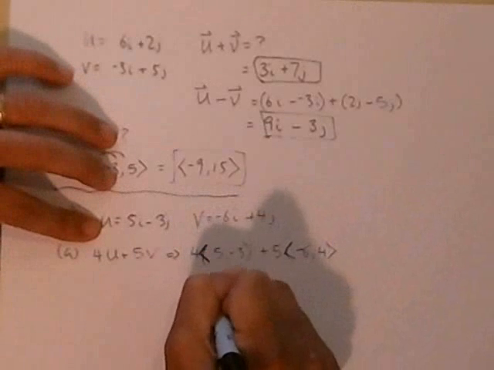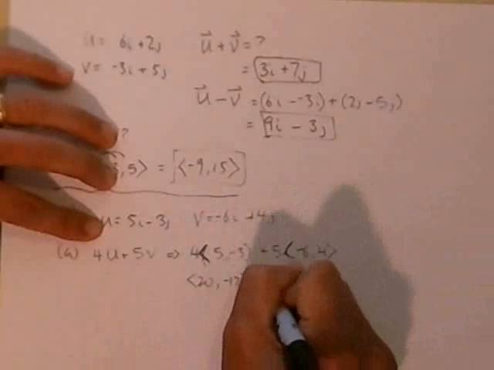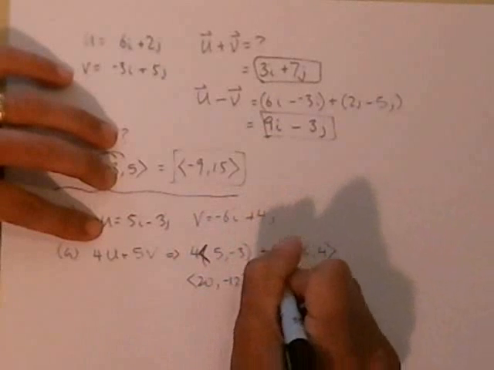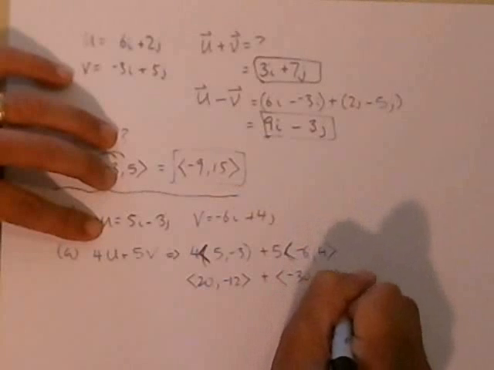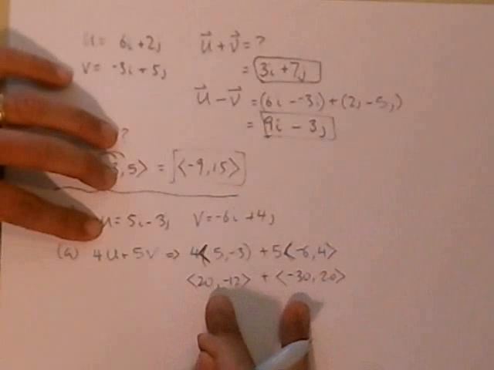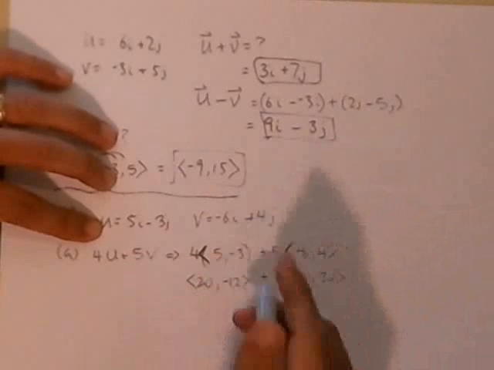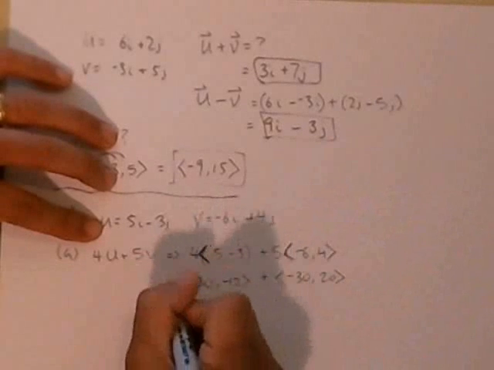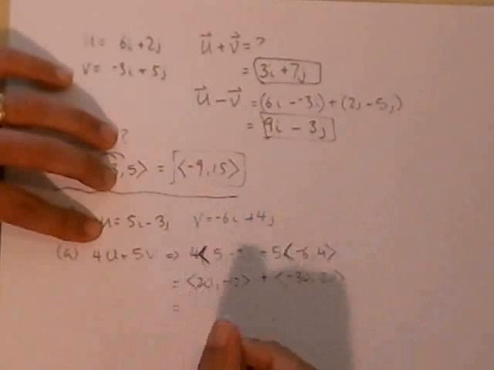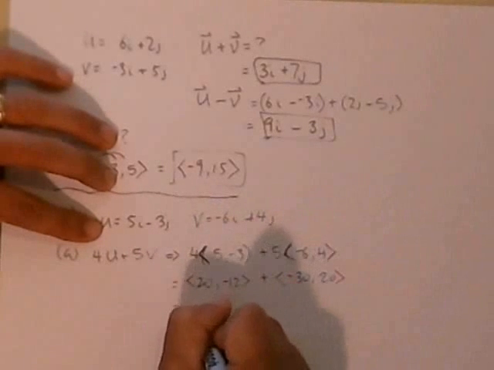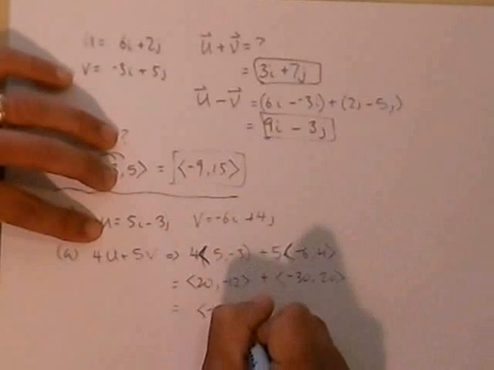I get 20, negative 12, that's your vector, plus this vector is going to be, distribute that out, negative 30 and 20. So when I add vectors in this situation, I'm just going to add the x's and then add the y's. That's equal to 20 minus 30, which is negative 10, and negative 12 plus 20 is going to be 8.